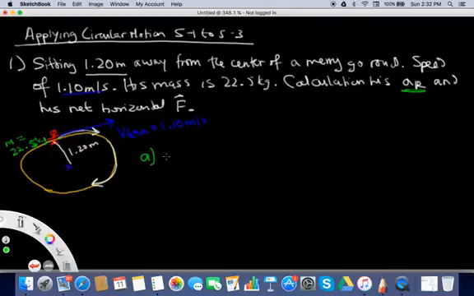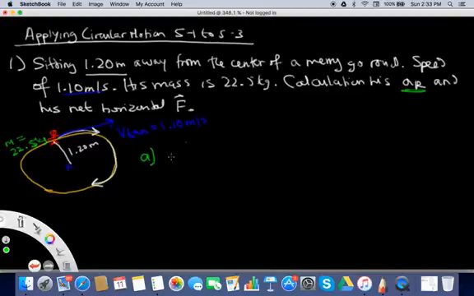From the basic understanding we have of circular motion, and if you're a little confused on some of the basic principles of circular motion, please look at an earlier video, but I'm going to assume that you know it, and that's why you're here on applying circular motion.